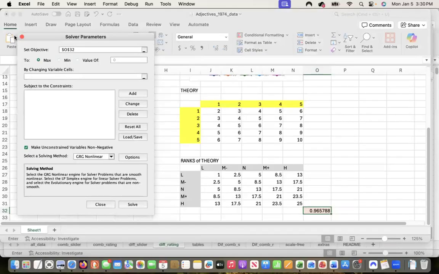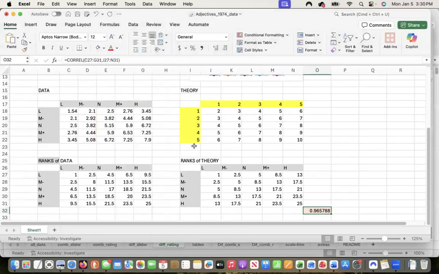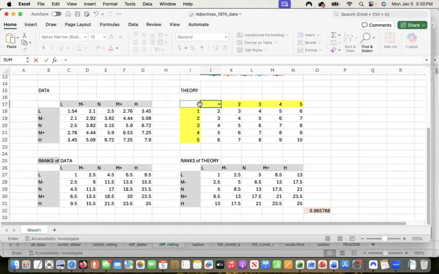well, I don't think we're quite ready here. Let me close out the solver and we'll bring it back up. I want to make this equal to this. I'm going to force the row, because it's a symmetric matrix, all I need to do is solve for one set of values instead of two. So I'm going to have this value be equal to this one.